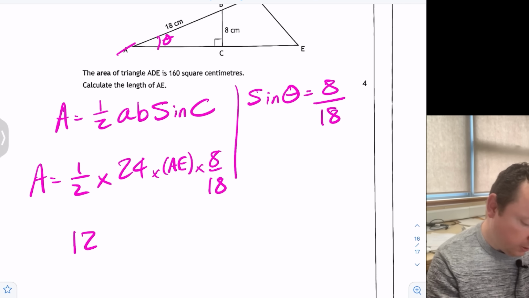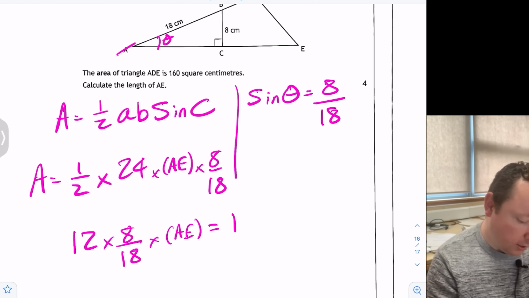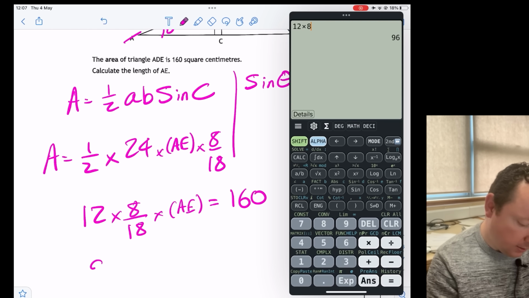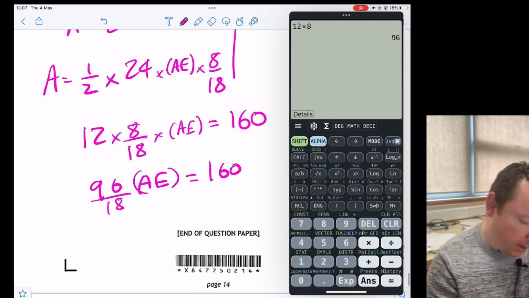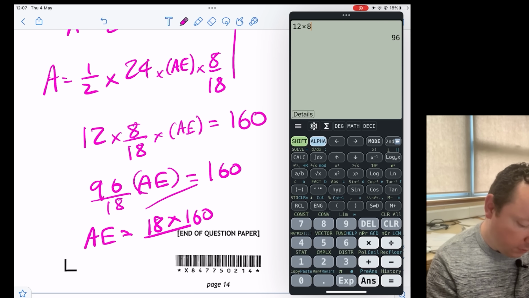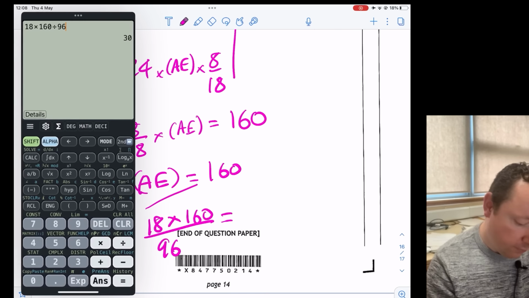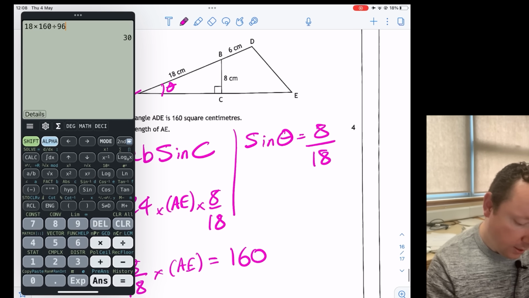So we've got 12 times 8 over 18 times AE equals 160. 12 times 8 is 96. So we get 96 over 18 times some side AE equals 160. So rearranging that then, AE must equal 18 times 160 divided by the top of 96. 18 times 160 divided by 96 is 30. So our length is 30 centimetres.